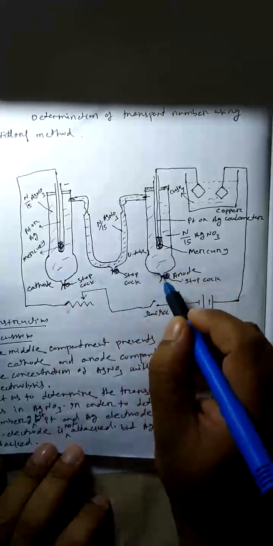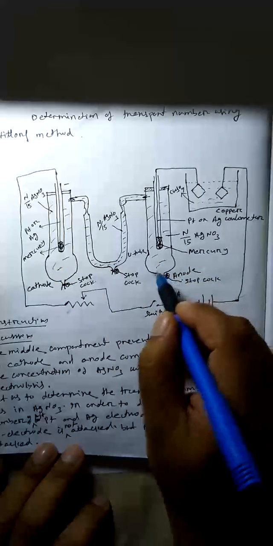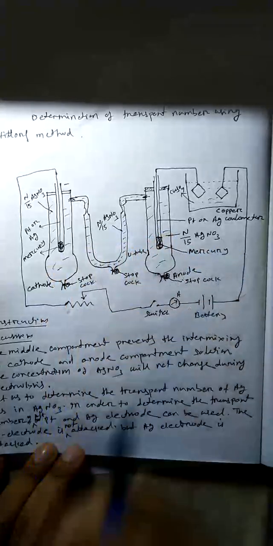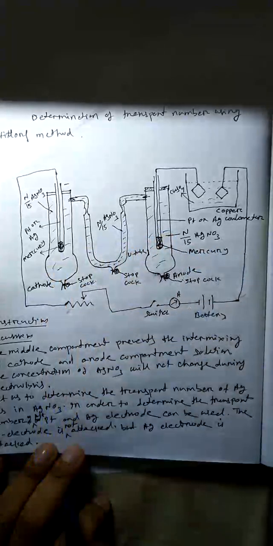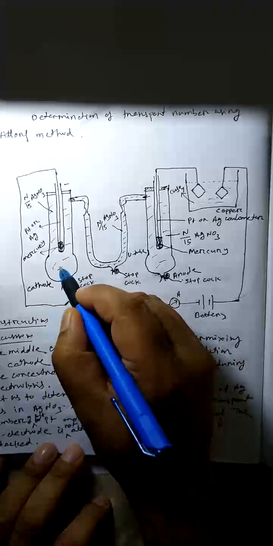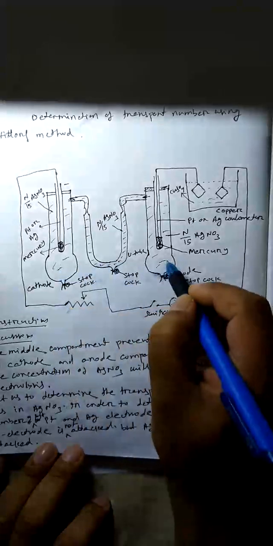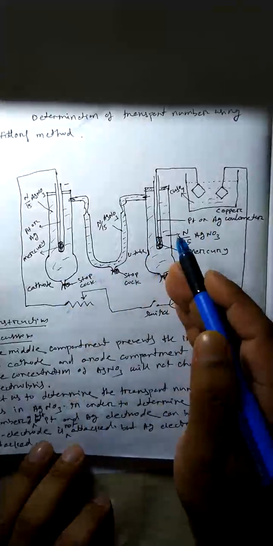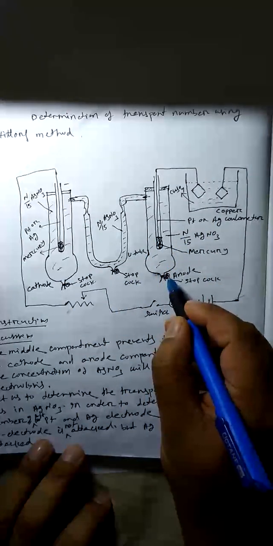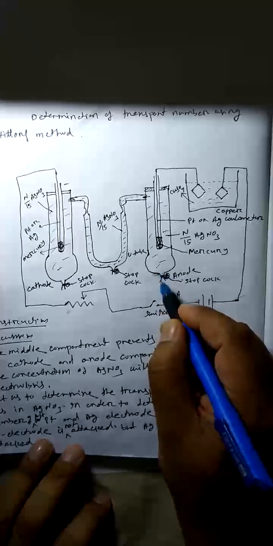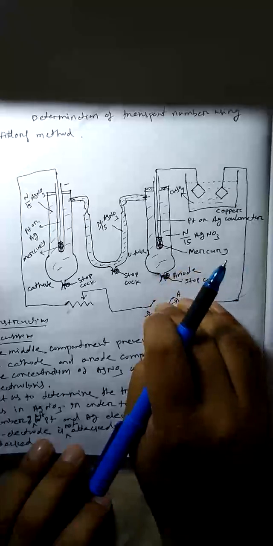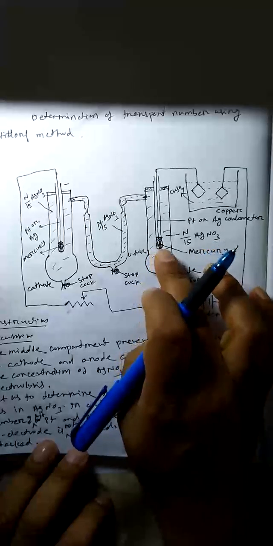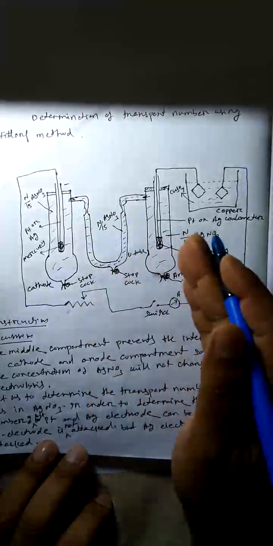So what do we do? In this case, you cannot analyze the concentration change in the cathode and anode compartments together. After the electrolysis is over, open the stopcock, remove the solution, and by the titration method find out what concentration remains after electrolysis.